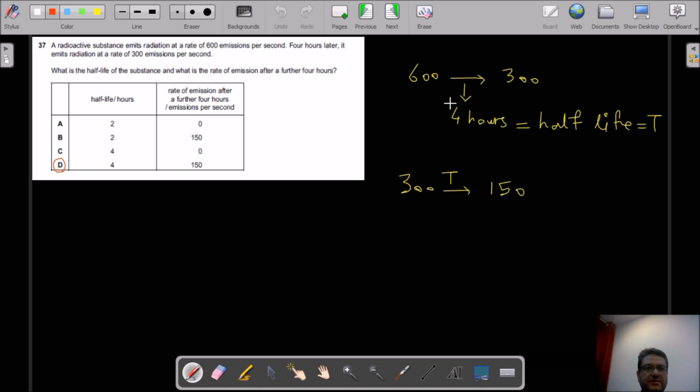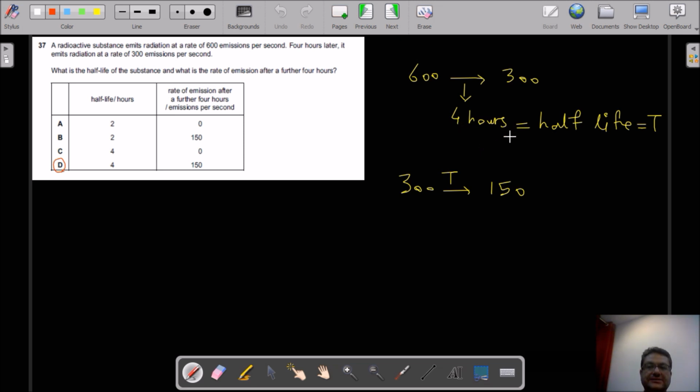Question 37. A radioactive substance emits radiation at the rate of 600 emissions per second. 4 hours later, it emits radiation at a rate of 300 emissions per second. First of all, when the number of substance decreases to half, the time taken is called half-life. So the half-life for this substance is 4 hours.